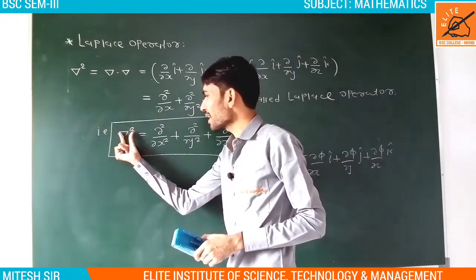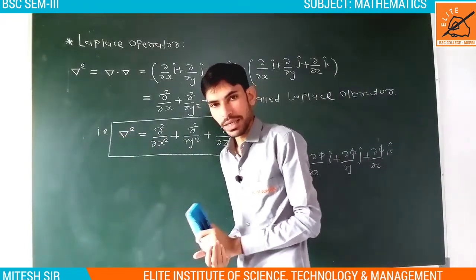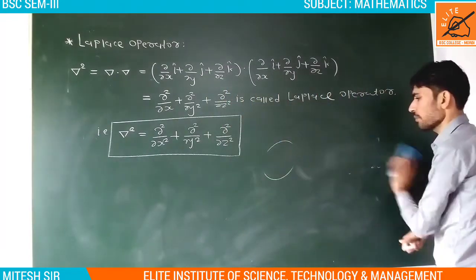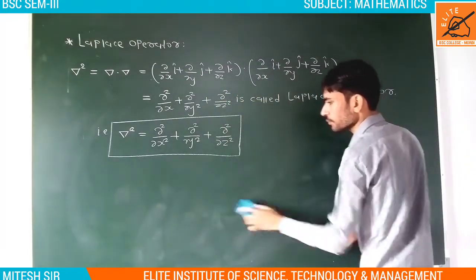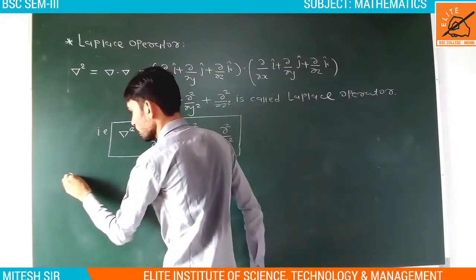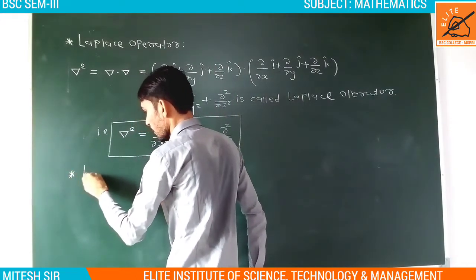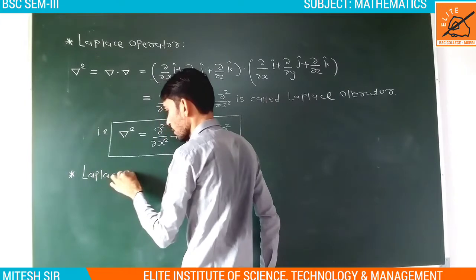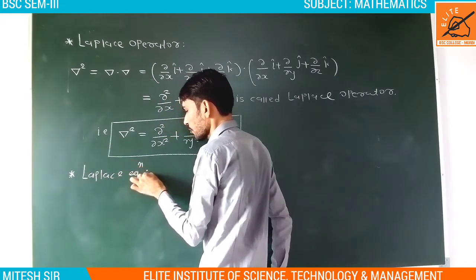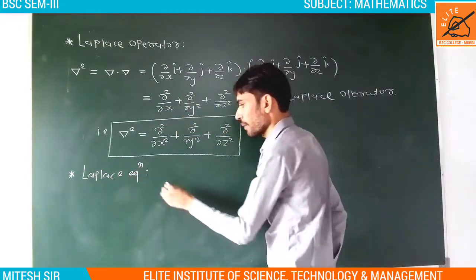So this nabla square phi is known as the Laplace equation. So here we define the definition of Laplace equation. Write down the definition of Laplace equation.